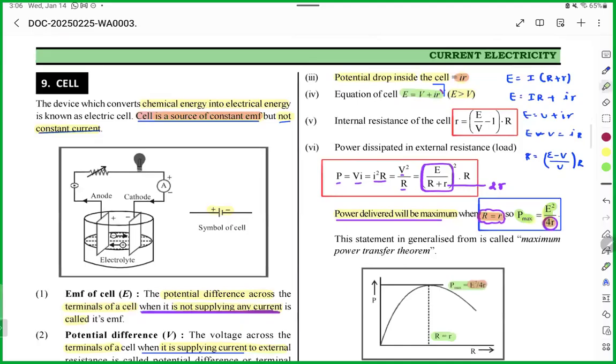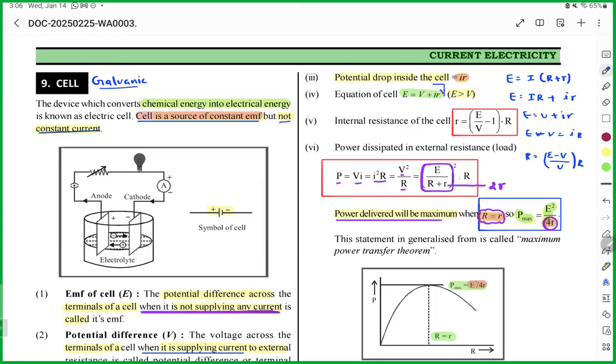Cell. Same cell is given in your electrochemical cell, electrolytic cell, chemistry cell. So it converts chemical energy into electrical energy. Basically, you are talking about the galvanic cell, right? It happens in the galvanic cell, or electrochemical cell, or voltaic cell.